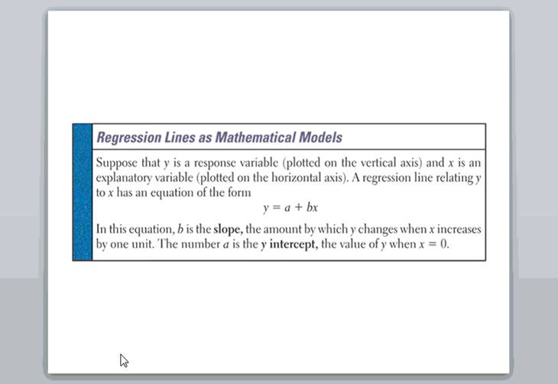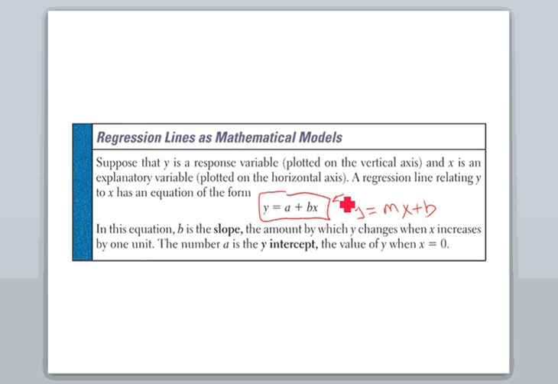So when we deal with regression lines as mathematical models, suppose that y is a response variable, vertical axis, and x is an explanatory variable, horizontal axis, in a regression line relating y to x. Now, this is a major difference here. Look at this option, y equals a plus bx. We're used to using y equals mx plus b. I do not know the reason for it, but the statistics world uses this.